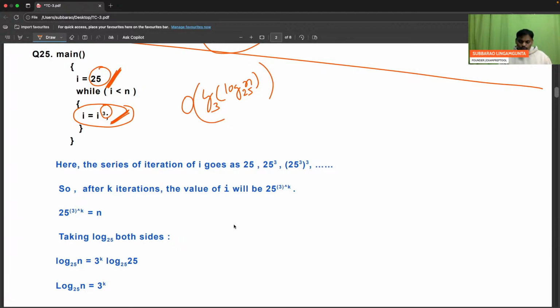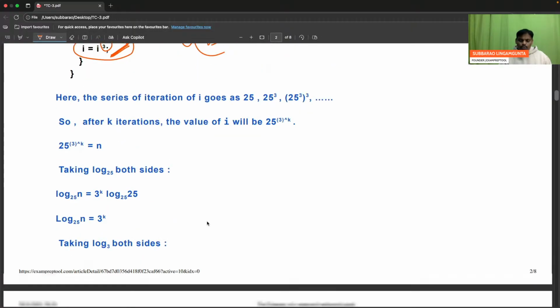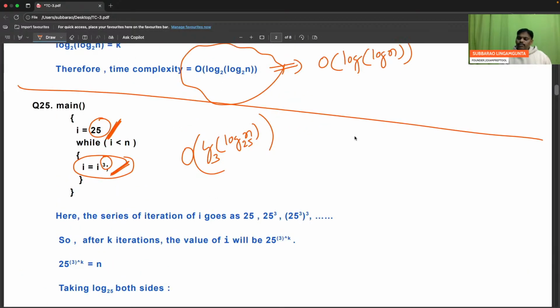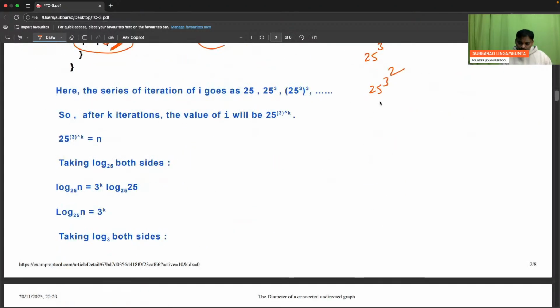If you want, the proof is also available here; you can check properly. How will the series start? Very simple. 25 here. Next one, 25 power 3 power 1. Then 25 power 3 power 2. Continue k times: 25 power 3 power k.